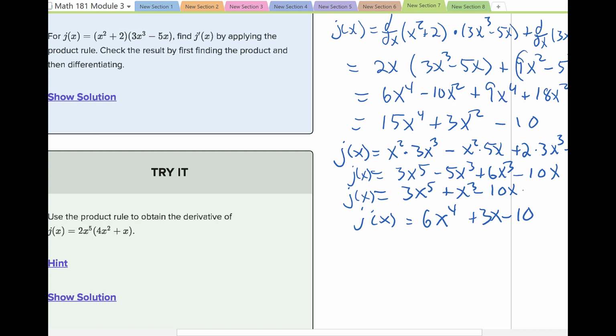It came from 9x squared times x squared. Okay, I see my problem here: I don't do math in my head well. The derivative of 3x to the fifth, that 5 would come out and multiply by the 3. So that's going to give us what we're after, our 15x to the fourth. Now it matches up. So that should be 3x squared. Okay, yay!